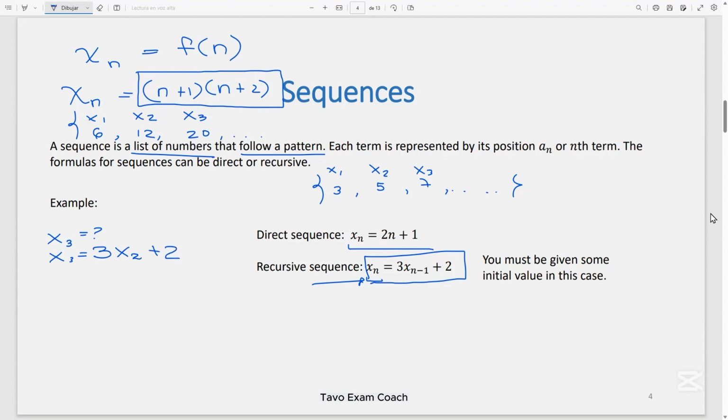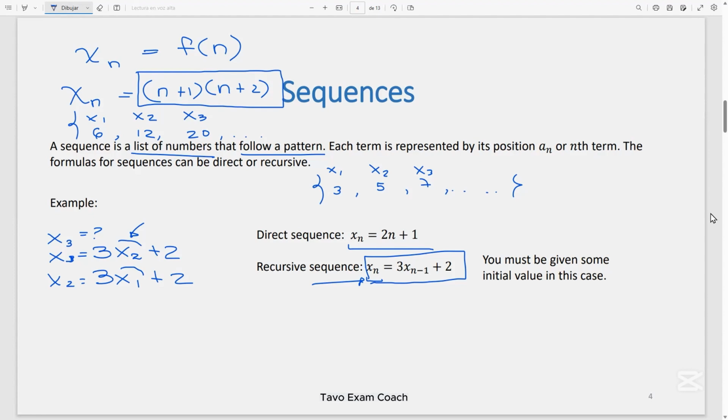But then, in order to determine what value x3 is, we need to determine first what this value is. So we would have to use the definition again. x2 equals 3 times x1 plus 2. But now we need to know what this value is. Obviously, we need that first input.